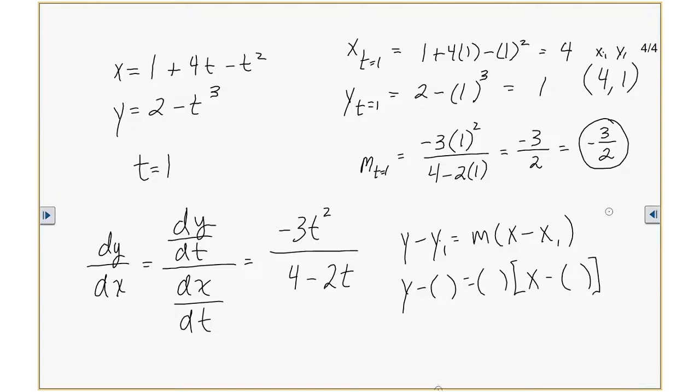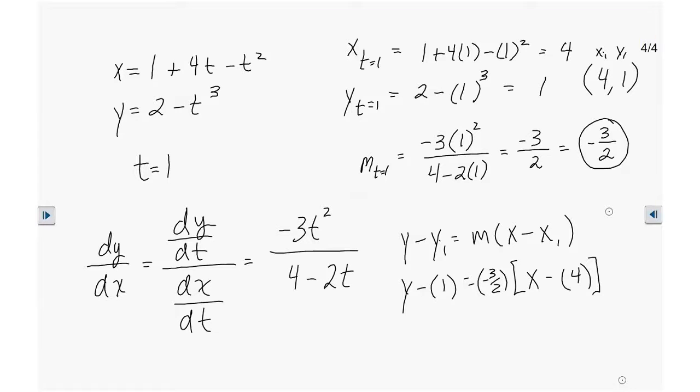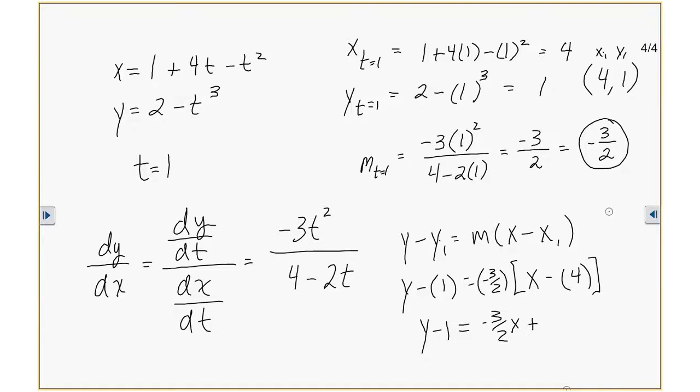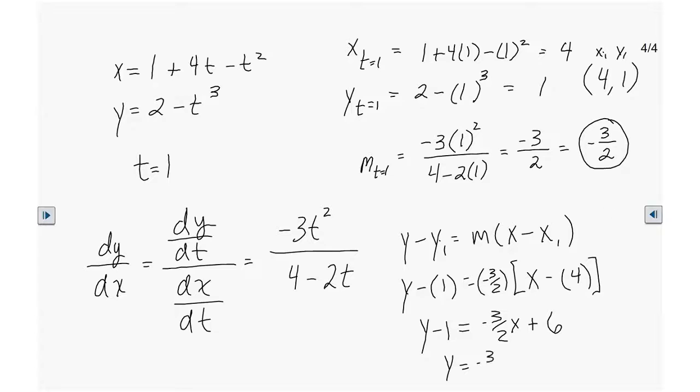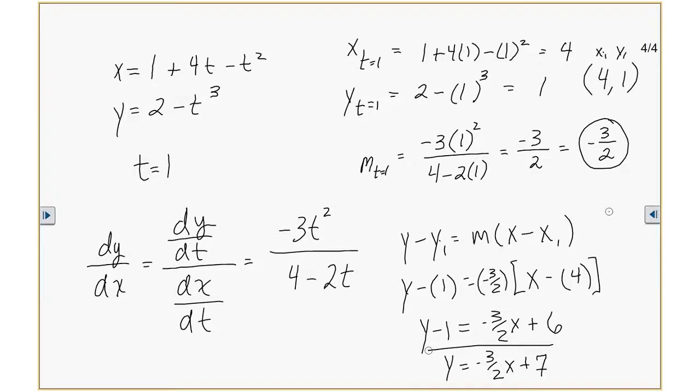And y sub 1 is 1, m is negative 3 halves, and x sub 1 is 4. So y minus 1 is equal to negative 3 halves x plus 12 halves, which is 6. Somebody check my math there. And then add 1. y is equal to negative 3 halves x plus 7. And that is the equation of the tangent line.